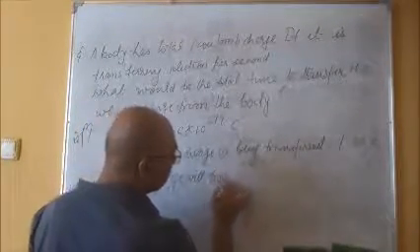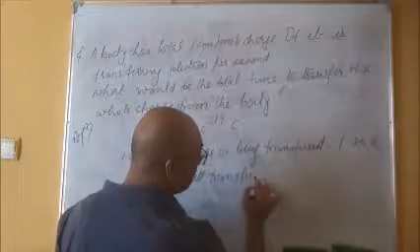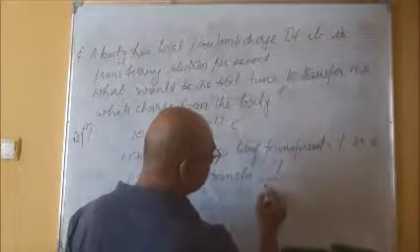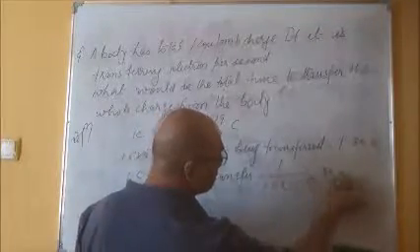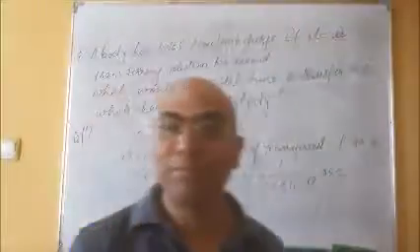So 1 coulomb charge will transfer in 1 divided by 1.6 into 10 to the power minus 19 seconds.